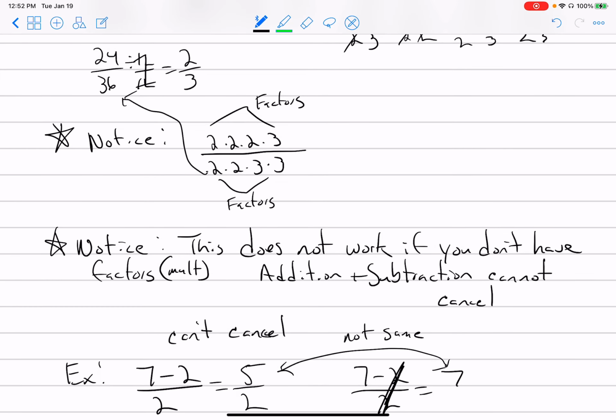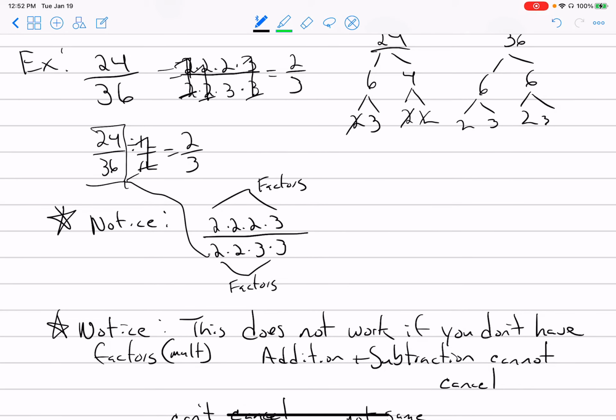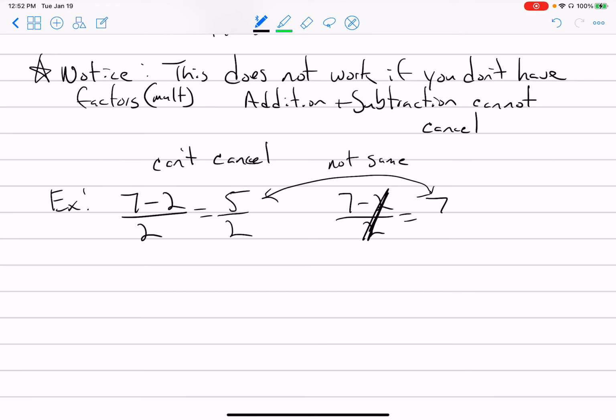When I did the canceling up here, 24 over 36 is equivalent to 2/3. But when I do the canceling over here, 5 over 2 is not the same as 7. So canceling doesn't work with subtraction. Doesn't work with addition either.